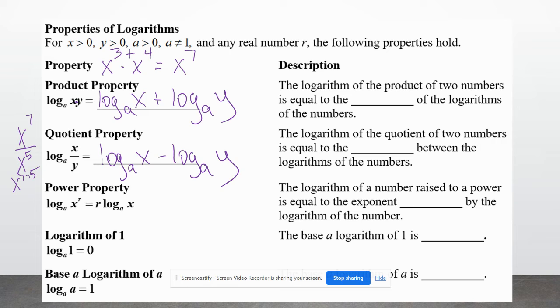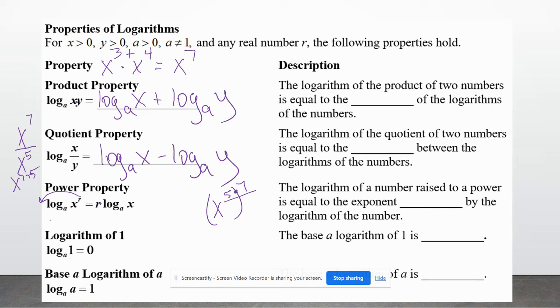The power property, when we had, let's say, x to the 5th to the 7th, the rule was to multiply 5 times 7. And so it's kind of similar here. We bring the exponent down and multiply it by the log.